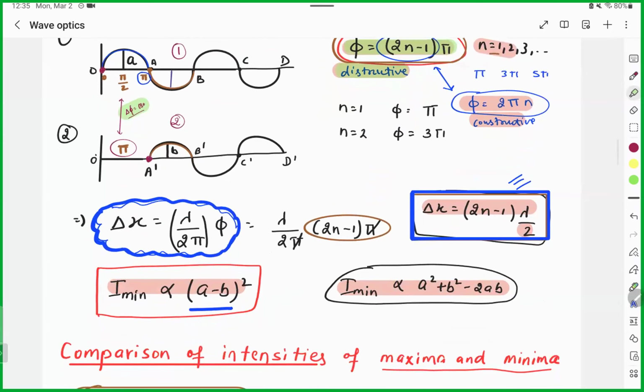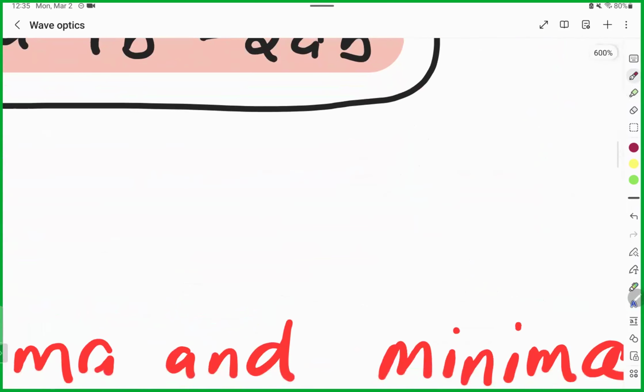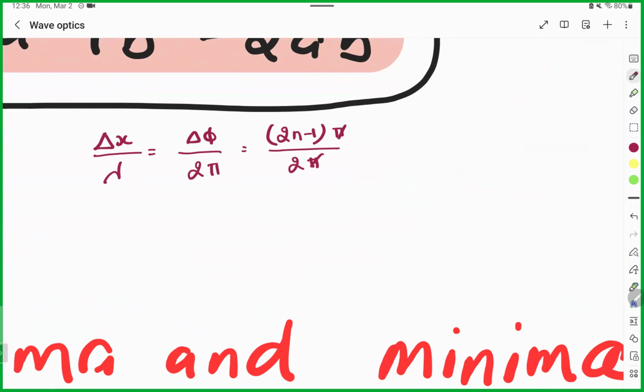How to calculate delta x? Don't try to remember this. Just simply do what we did, the same method: delta x divided by lambda is equal to delta phi by 2 pi. Correct? You know delta phi value is equal to (2n minus 1) pi, divided by 2 pi. Pi cancels, and your delta x value will be equal to (2n minus 1) lambda by 2.